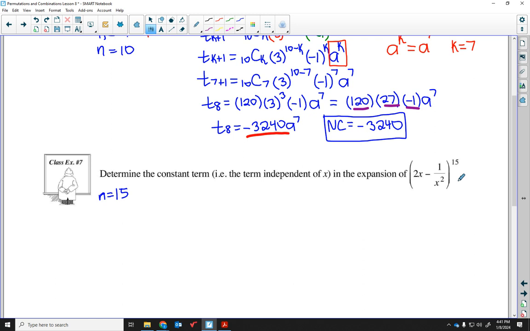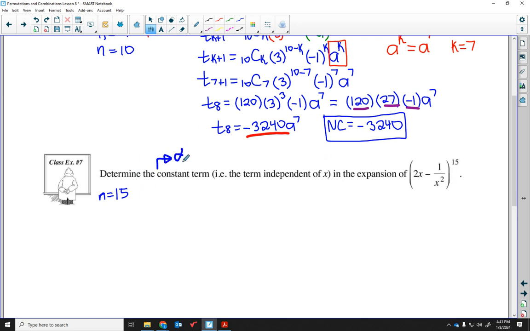That's not always true. So right here, we don't know what this is going to look like if we actually expand it. And what we do not want to do is assume the last term is the constant term. So we can't just say that term 16 is going to be the constant term. We don't know it, especially because we have an x here in the numerator and an x squared in the denominator. So I'll make a quick point right here.